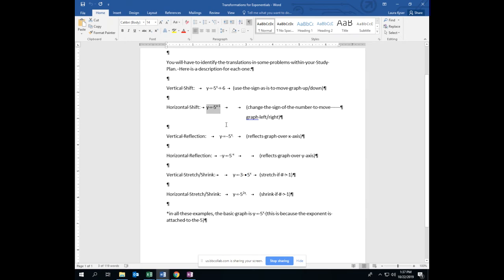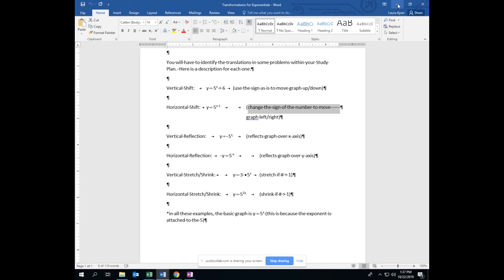That's fine. We have x plus 1. Regardless, you're going to change the sign to move it. So we have a plus 1 in our graph. We change the sign to minus 1, which means we are going to be moving it to the left. When you move a graph to the left, you subtract that value from each one of the x coordinates.